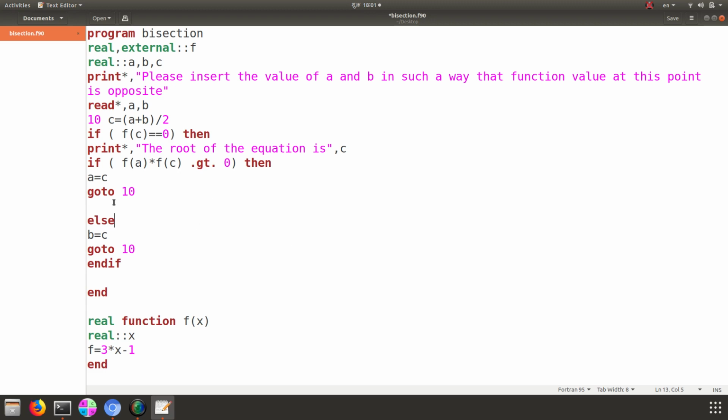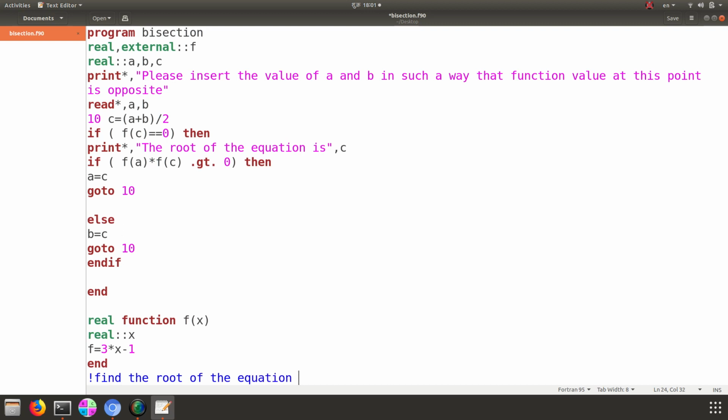We simply can calculate the root of the equation by using the bisection method, and this is our function, and we are asked to find the root of the equation in the interval a equals 0 to b equals 1. So this is our question.